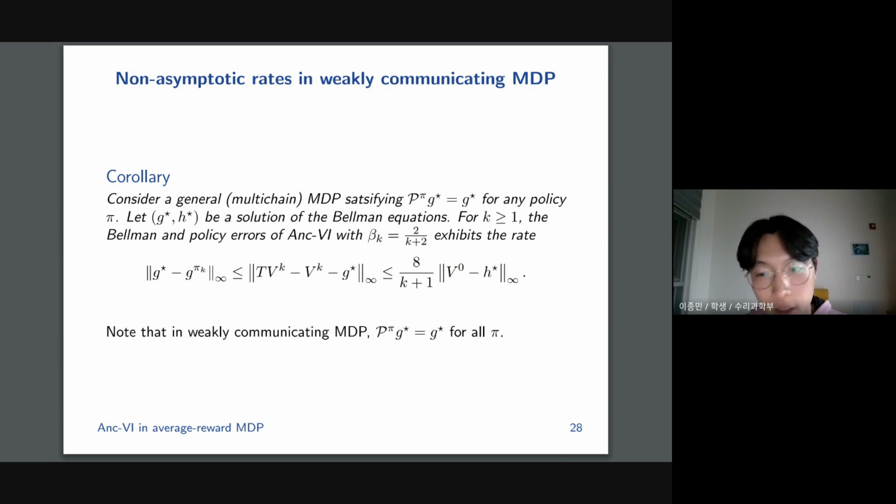This is a nice convergence rate, and it does not require a condition on the number of iterations. Weakly communicating MDPs satisfy this condition, because as we said before in the weakly communicating slide, g star in a weakly communicating MDP is a uniform vector, in which all coordinates are the same. So the condition P pi g star equal to g star is automatically satisfied, and this clear sublinear rate is also valid for weakly communicating MDPs.